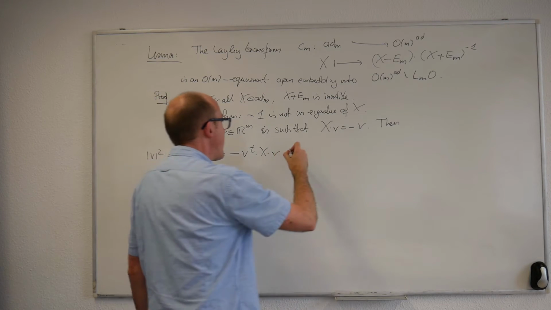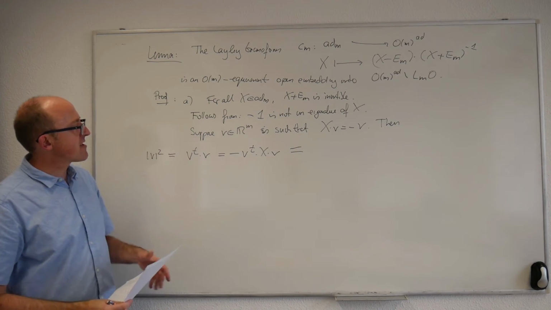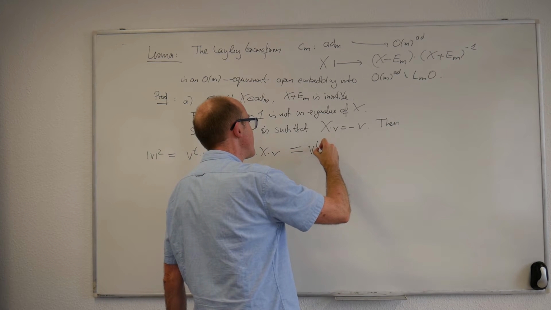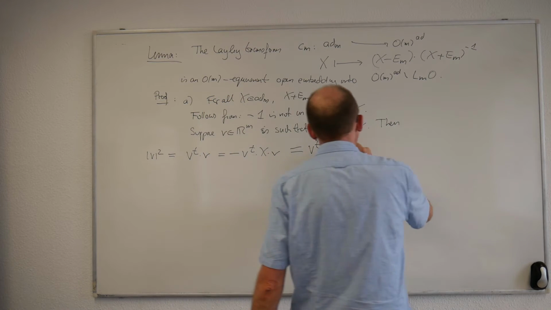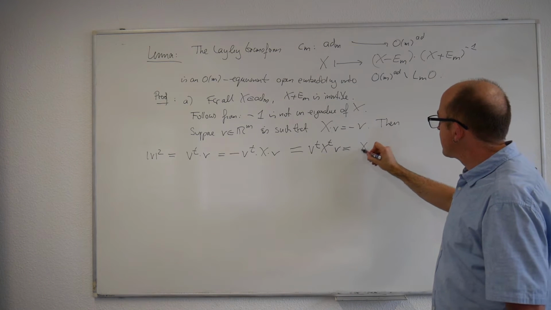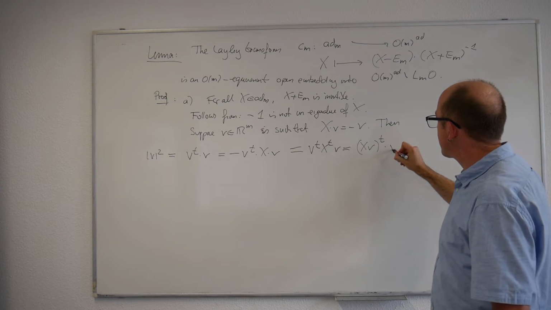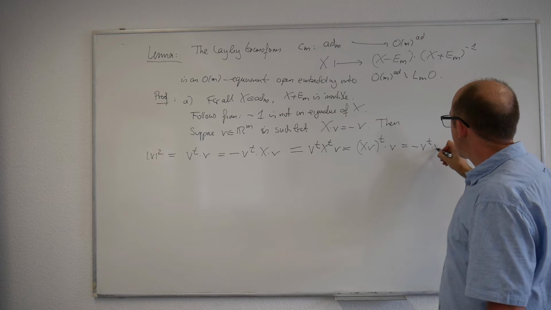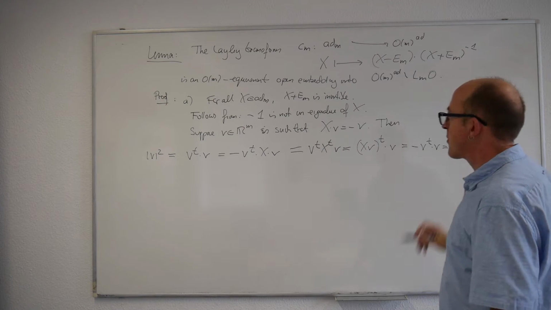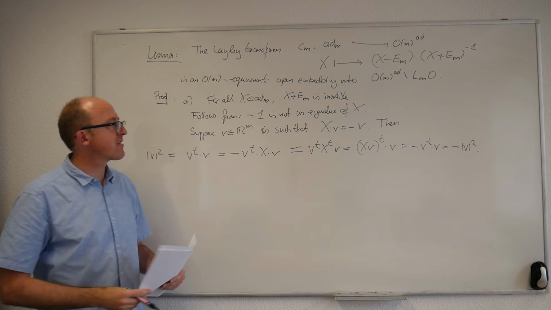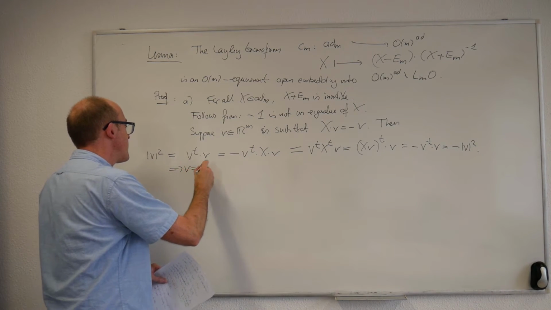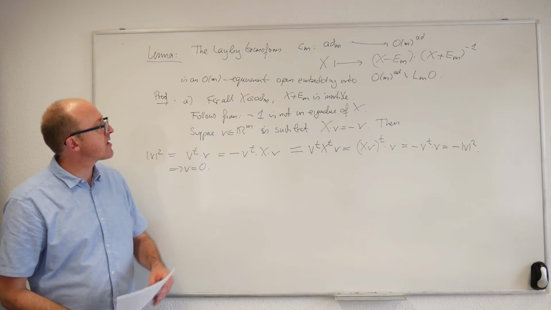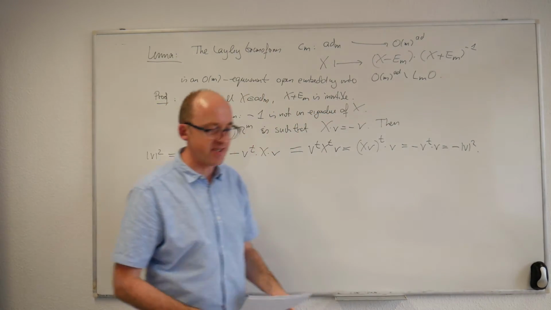Now we can use the fact that x is in ad m, so x is skew symmetric, so that means we can replace this minus sign and the x by x transpose, so this is v transpose x transpose v. Transpose is anti-multiplicative, so this is (xv) transpose times v, and now x times v is minus v, so this is minus v transpose v, so this is minus the norm of v squared. So altogether we conclude that the norm of v squared is minus the norm of v squared, so this implies that v has to have been 0. In other words, there is no eigenvector for the eigenvalue minus 1, and so this matrix is indeed invertible, and this expression makes sense.